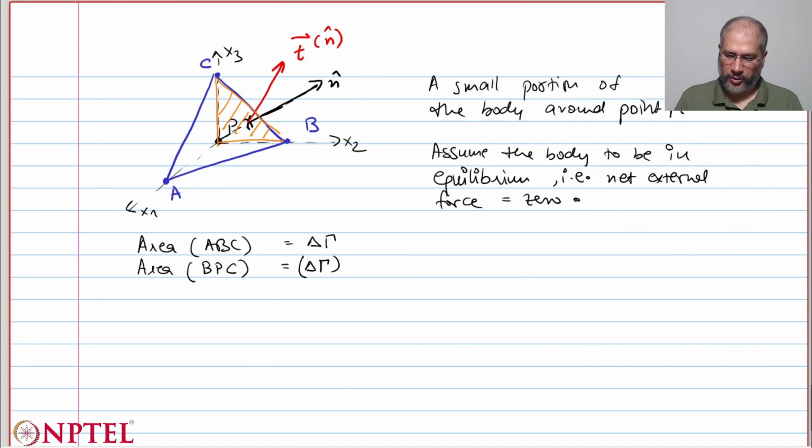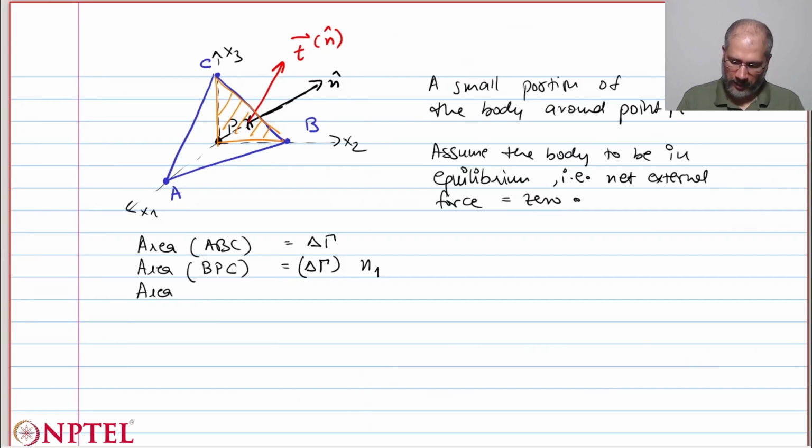So this basically becomes delta gamma times the cosine of the angle between APB and the plane BPC. So this becomes simply the n1 component because that is a projection of n hat on the x1 plane.